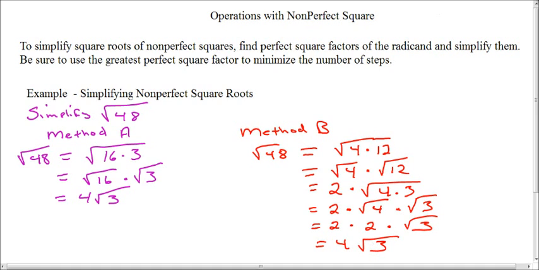So you see, we did tack on additional steps by not finding the largest or the greatest perfect square factor. But again, very straightforward, and I am very confident that you can perform any non-perfect square simplification.